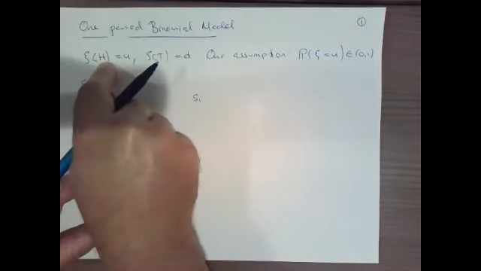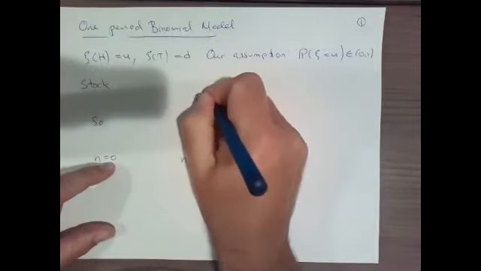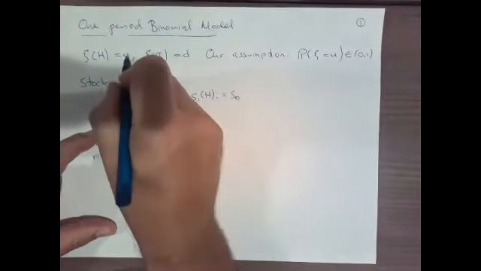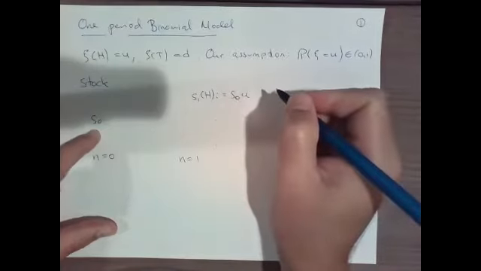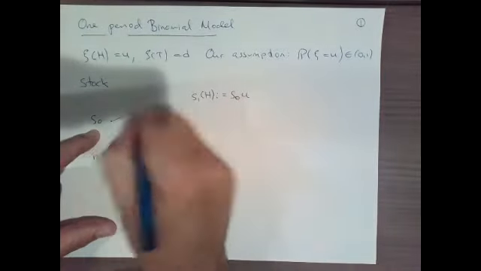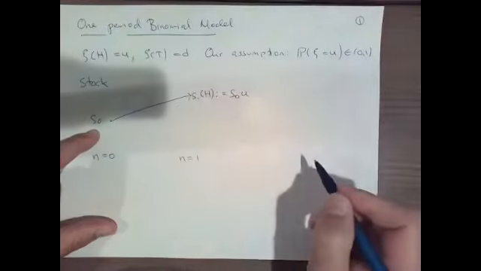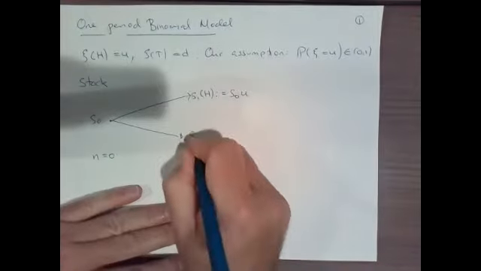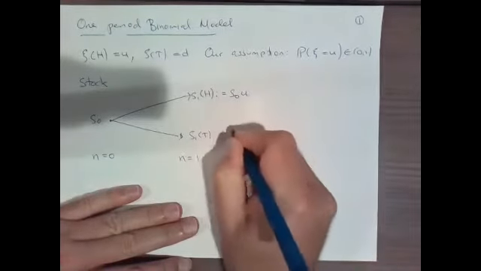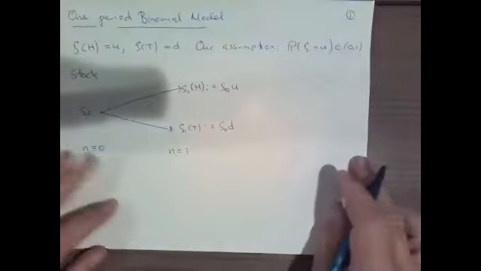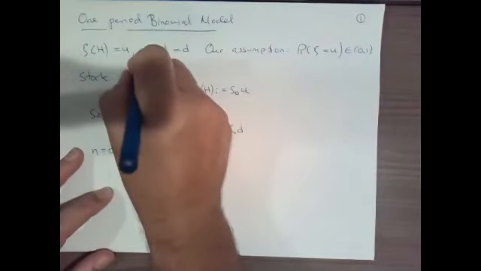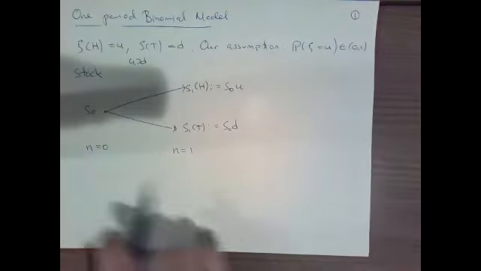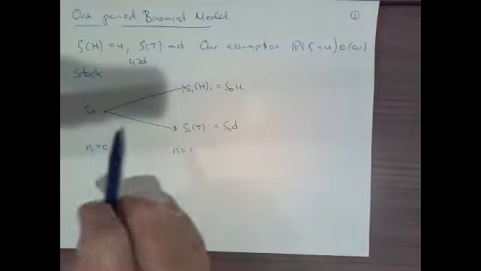If we get heads in our coin flip, S1 is whatever it was to begin with, times u. You can go up, and you can go down. So S1 for tails is S0 times d. We're working in a world where u is bigger than d. That's the one-period binomial model for the stock.